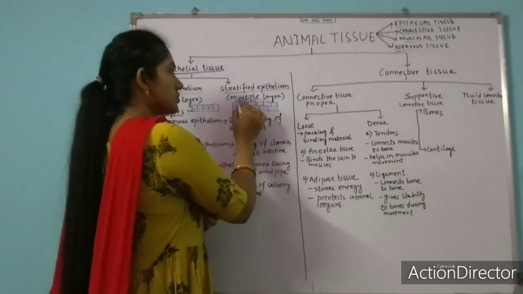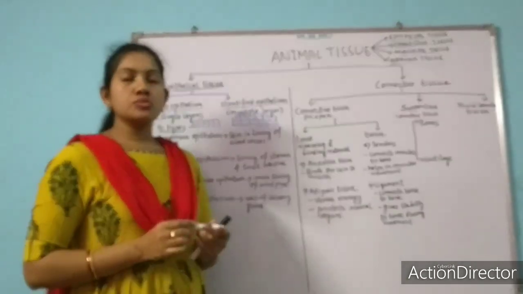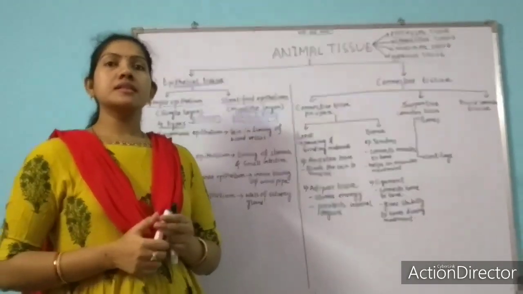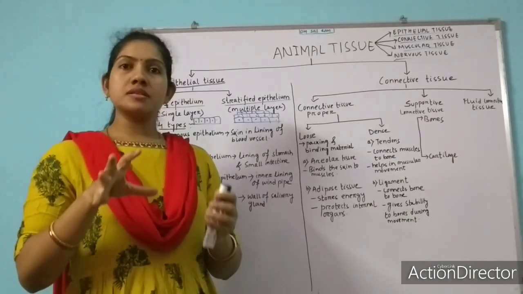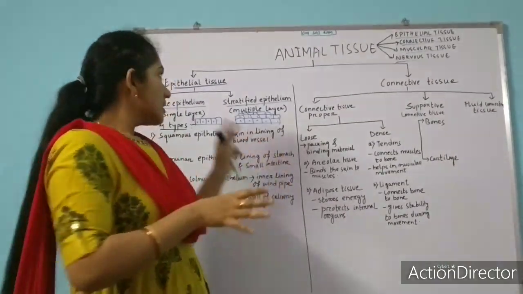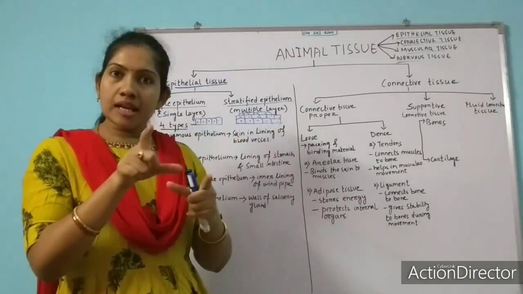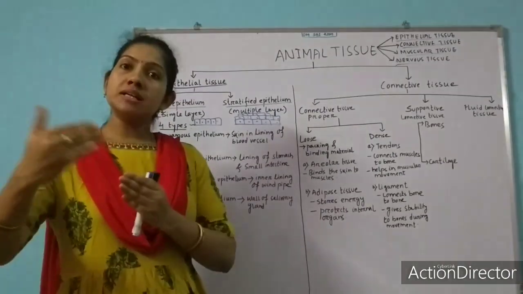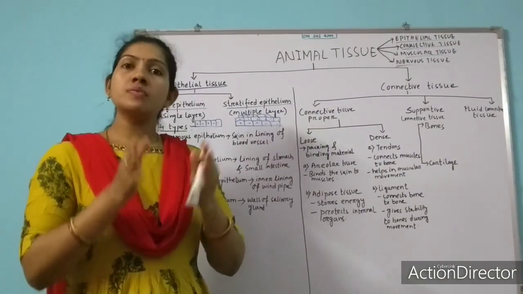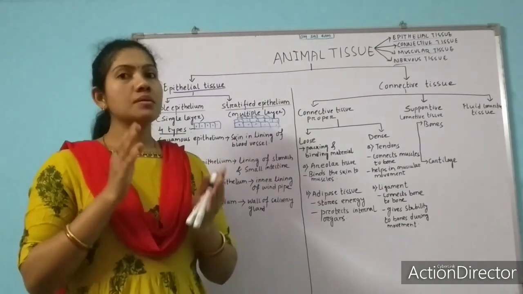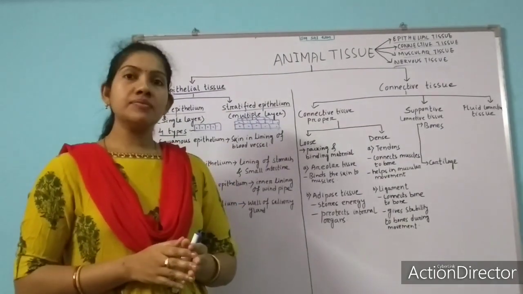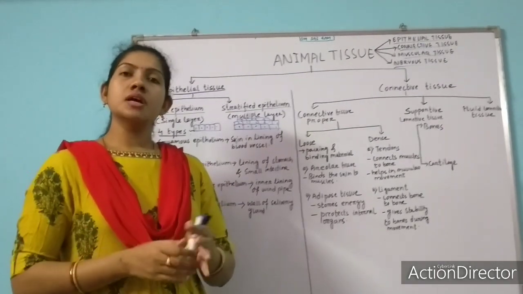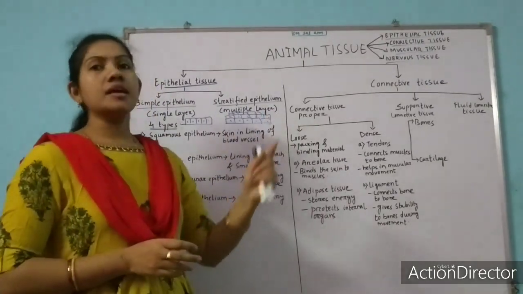Got it? So epithelial tissues are tissues where there is no space between the cells, and they may be of single layer or multiple layers. If they are of single layer, we call it simple epithelium. If there is more than 1 layer, we call it stratified epithelium.